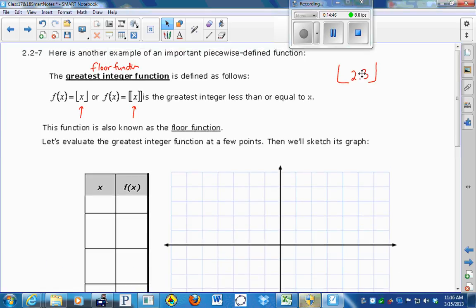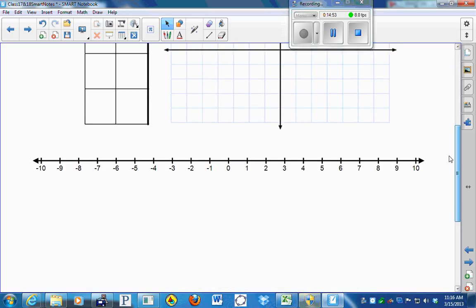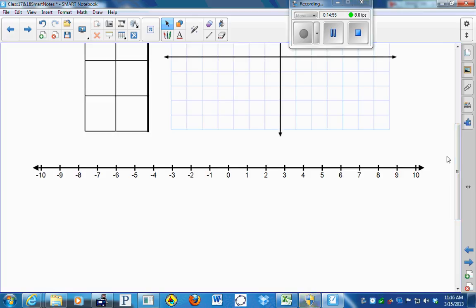Okay, so this says, tell me what is the greatest integer? Let's put this right down here above our little table. Where would 2.3 be? About right here, right? Here's 2.3. So tell me, what is the greatest integer less than or equal to 2.3?